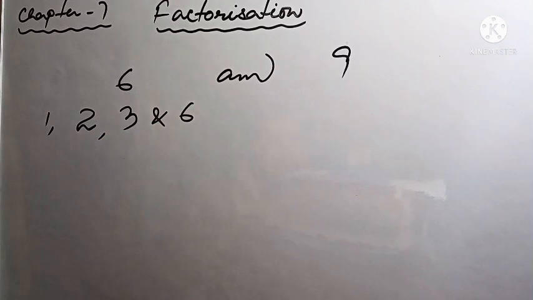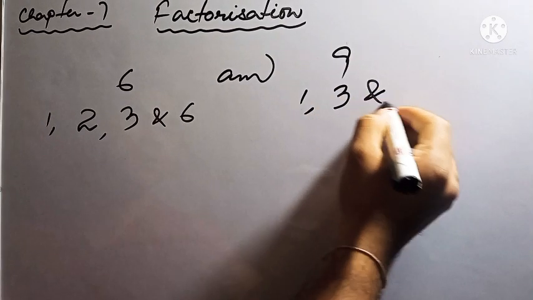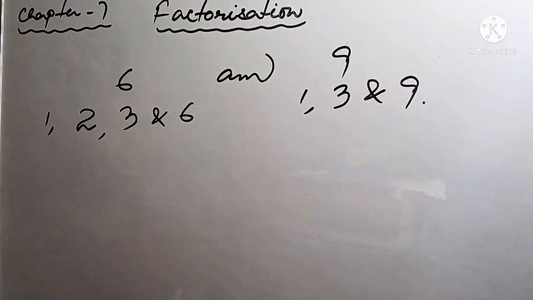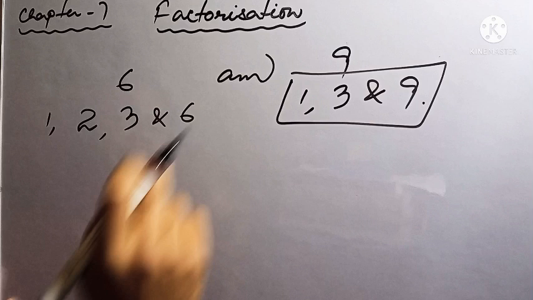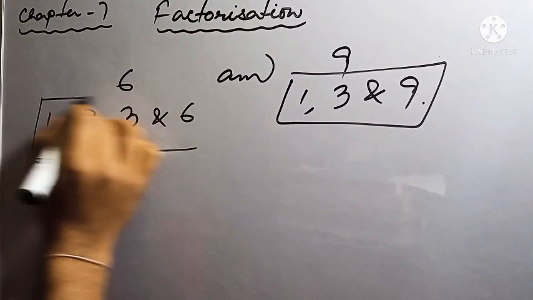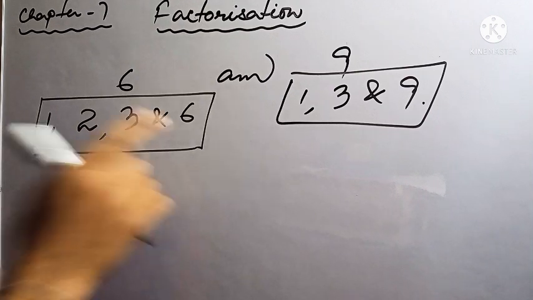And don't forget, 1 is a factor of every number. And what about 9? We can write 1, 3, and 9. So for 9 we have 3 factors: 1, 3 and 9. And for 6 we have 4 factors: 1, 2, 3 and 6.